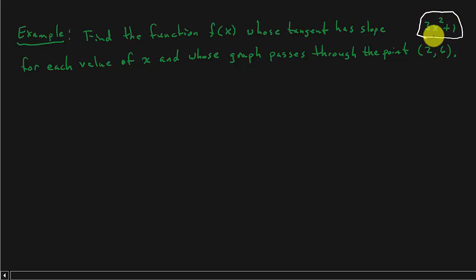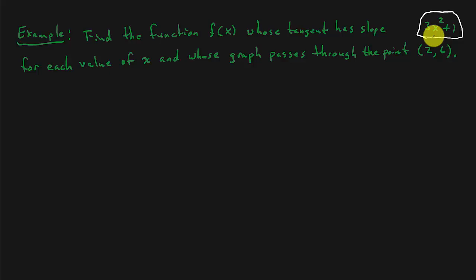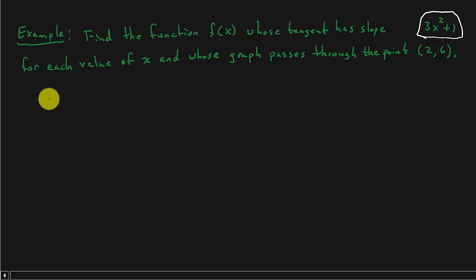Do you remember how we found the slope of the tangent line to a curve? How did we do that? We took the derivative of the function, didn't we? So would you agree that f prime of x is equal to 3x squared plus 1, right? Because this is the slope, so this would be f prime of x.